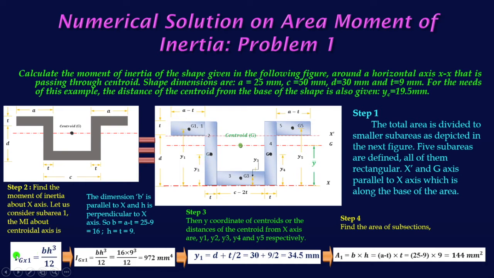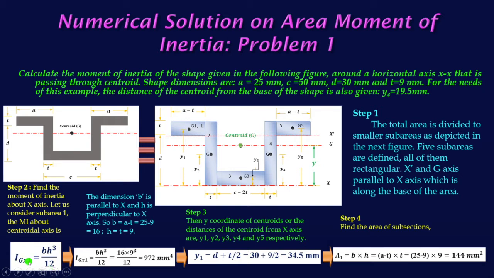Find out the moment of inertia about the centroidal axis. This Gx1 here indicates that about the centroidal axis, the area moment of inertia of a rectangle is BA cubed by 12. We know that. We have proved it in the last lecture. BA cubed by 12.